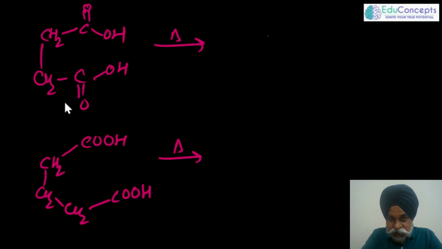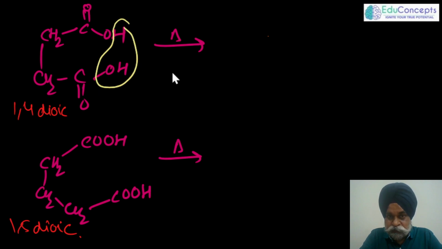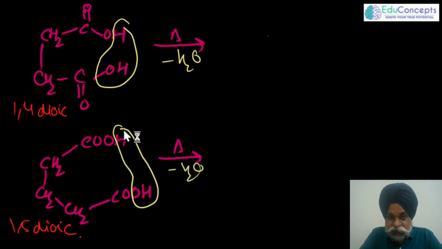Now coming to the case of succinic acid, which is 1,4-dioic acid, and 1,5-dioic acid. These are the two cases where, when you heat them strongly, you would only see a loss of water molecules. So here you get dehydration only. So what do you get on dehydration?